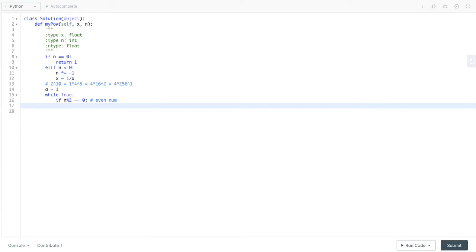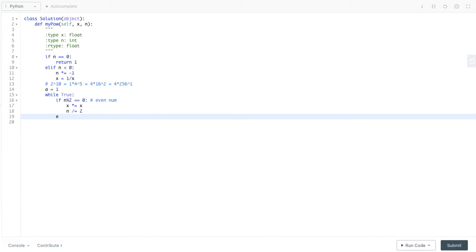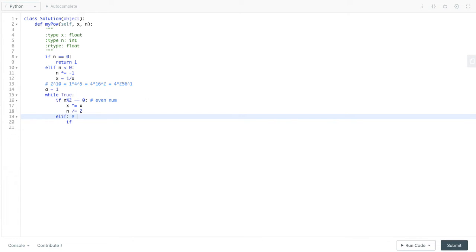In this condition, x will simply be x squared and n will be n divided by 2. And if not, then it's an odd number here. But an odd number can be 1 or can be greater than 1.